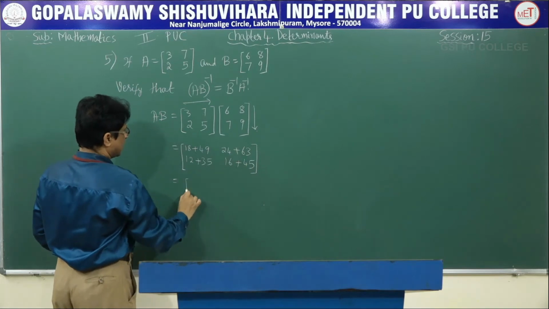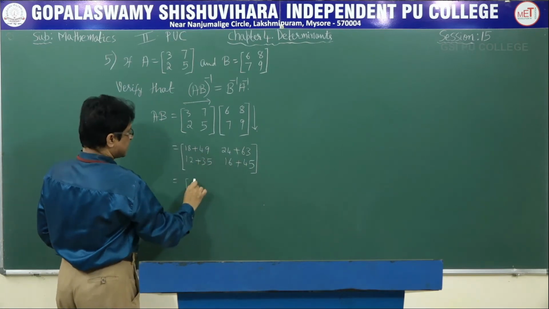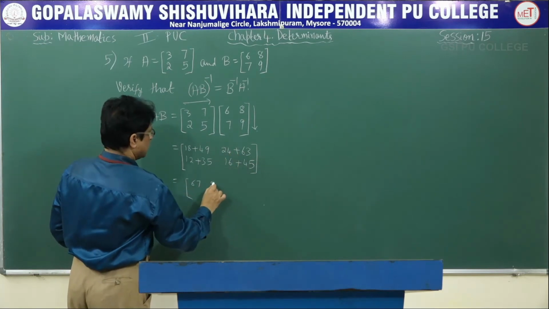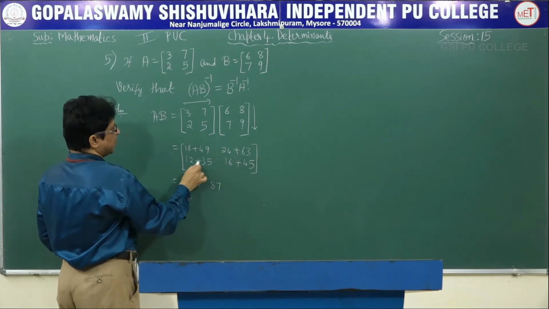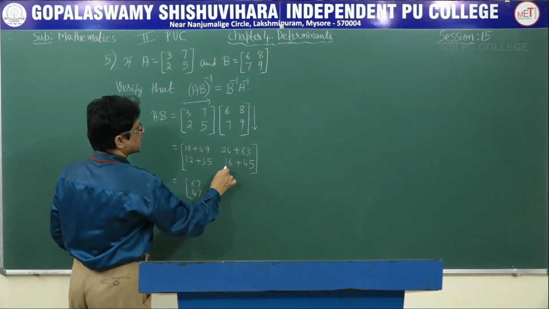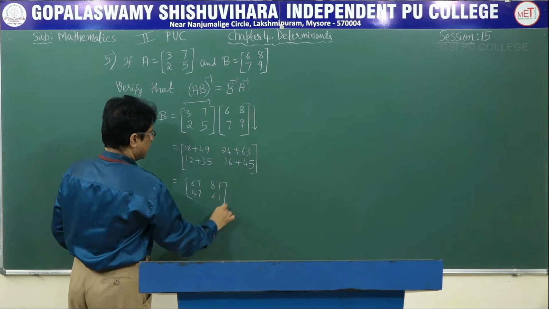So that will be equal to 49 plus 18 is 67, 63 plus 24 is 87, 35 plus 12 is 47, 45 plus 16 is 61.